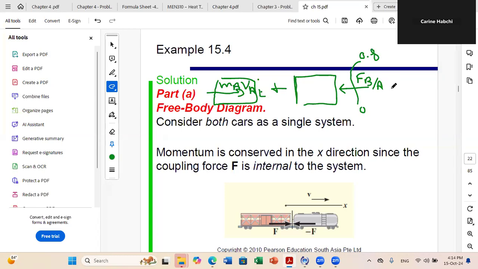But here, they asked me for an average force. Because why? Because I don't know how F is varying with time. This is why they asked for an average force of B on A. So I can replace this integral by F average times delta T. So this is the impulse diagram in X direction.